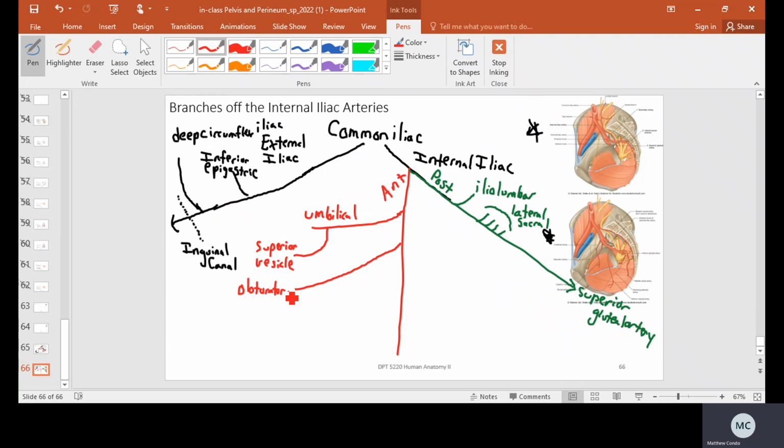After all this happens, after I get off my obturator artery, I'm going to give this one two different names, okay? Because in the male, so we're going to write male, this is called the inferior vesicle artery.